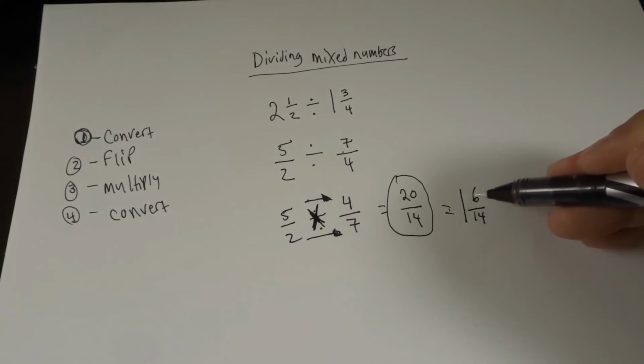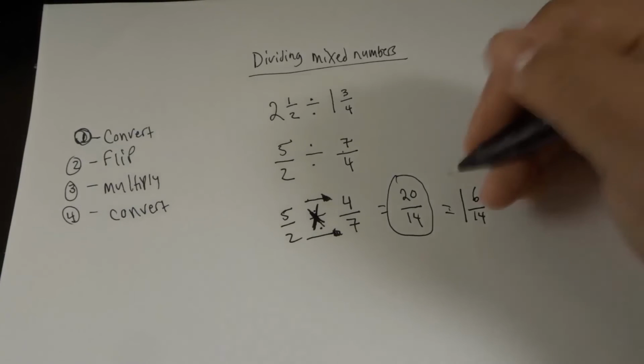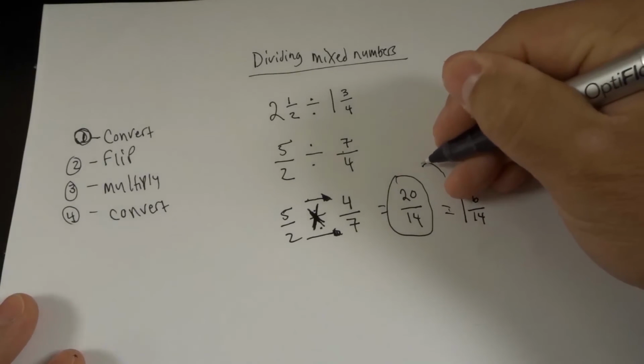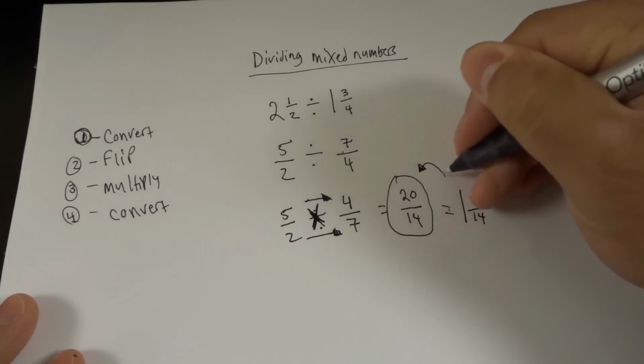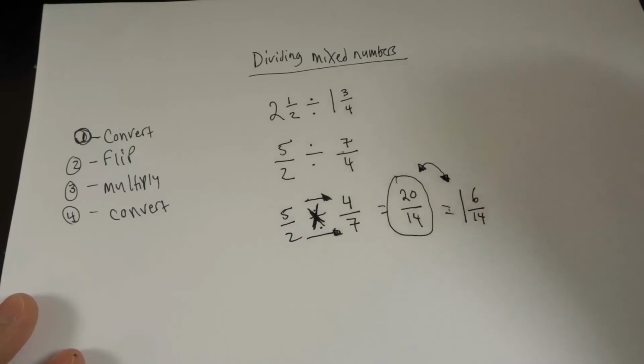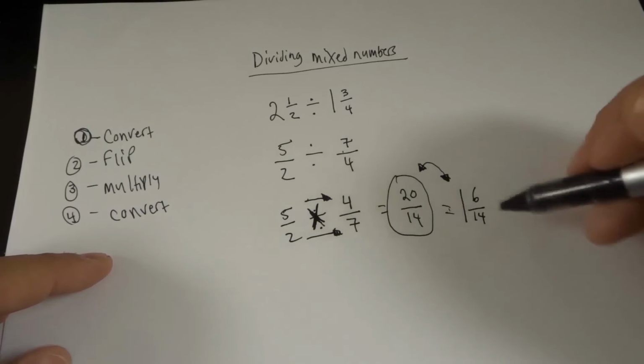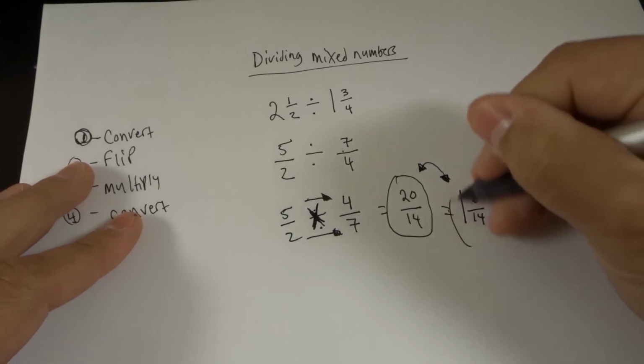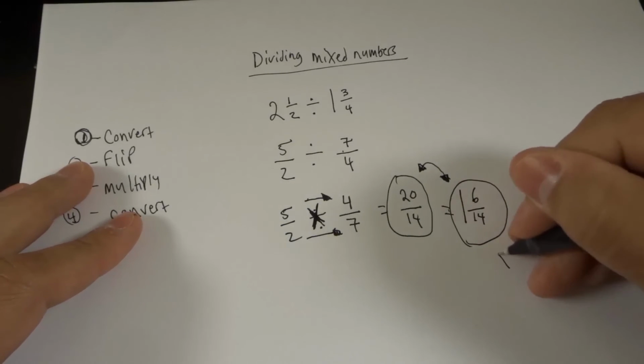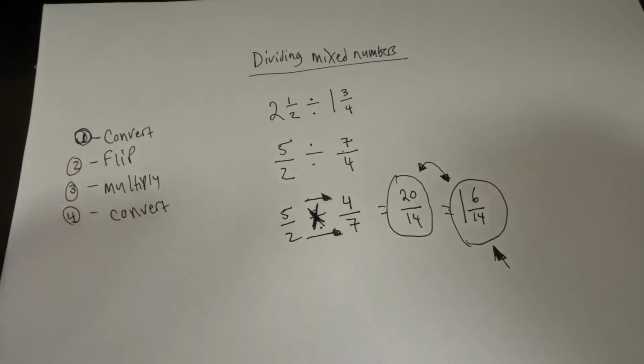So we have 1 and 6/14, which is equivalent to 20/14. These mean the same thing, but we've converted this improper fraction to a mixed number, and this is our final answer. And that's basically it.